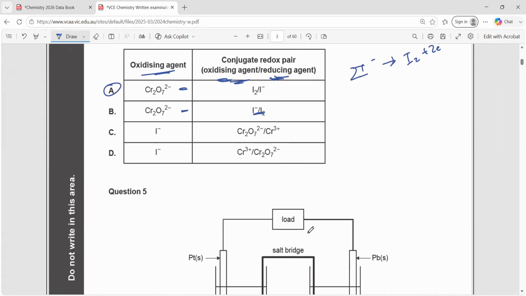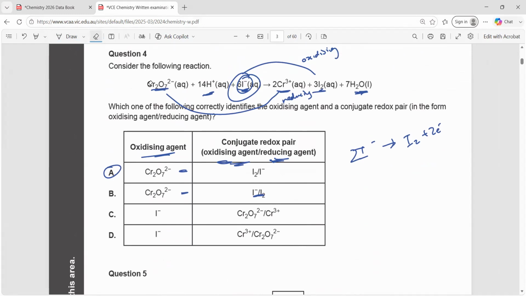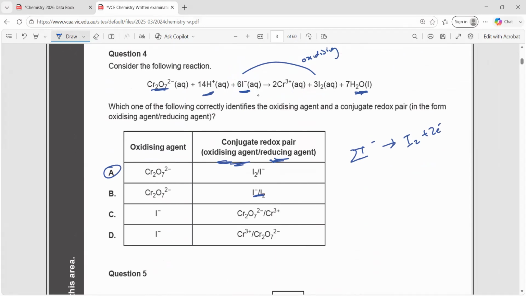I think I rushed through that, but we know that this is oxidizing, so that's the reducing agent. And it says reducing agent here last, which is that. Sorry, that was a stupid mistake.